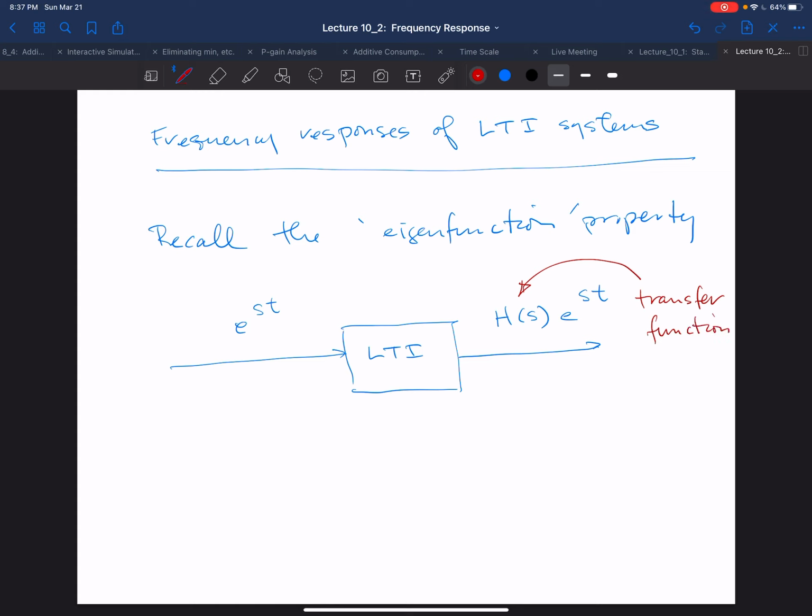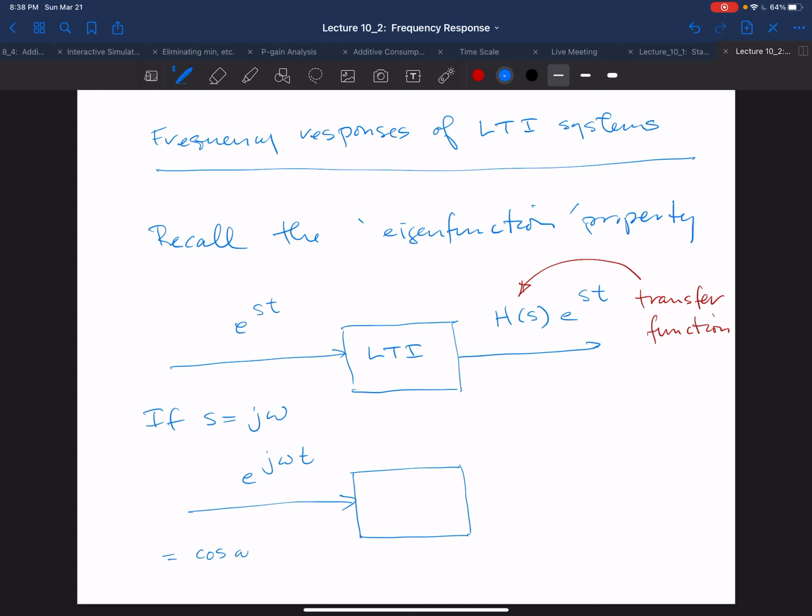Now, we can't necessarily generate in the lab all the complex exponentials e to the st that we might choose to, but we can consider the special case where s is imaginary, so where s has the form j omega. In that case, we're feeding in the input e to the j omega t, which is essentially a sinusoid.